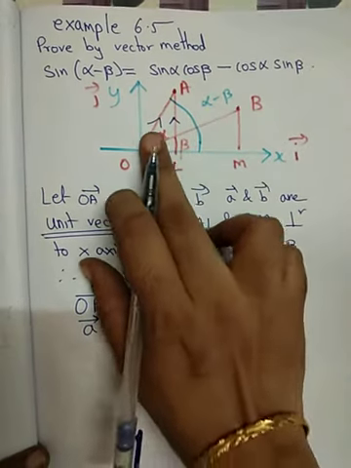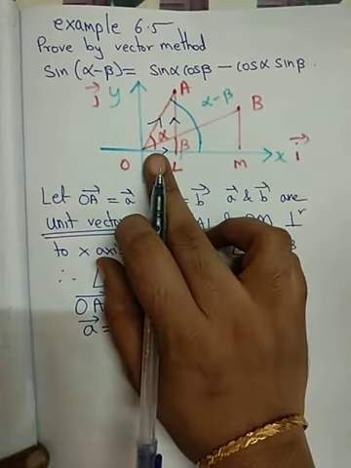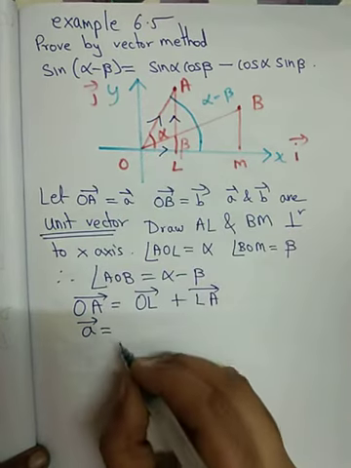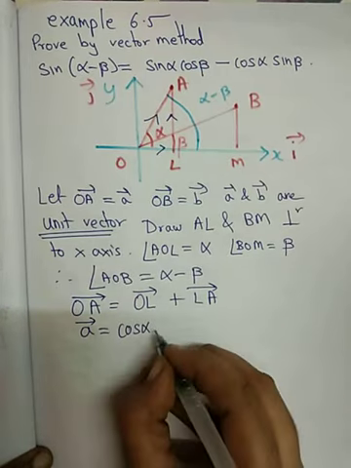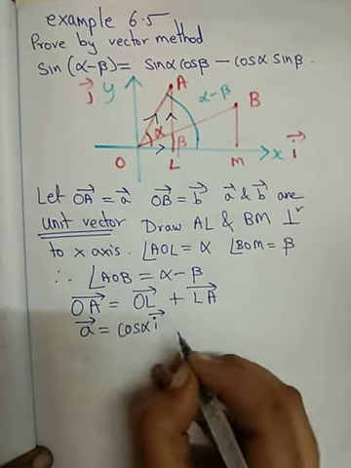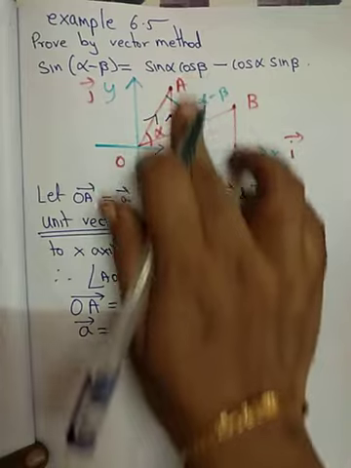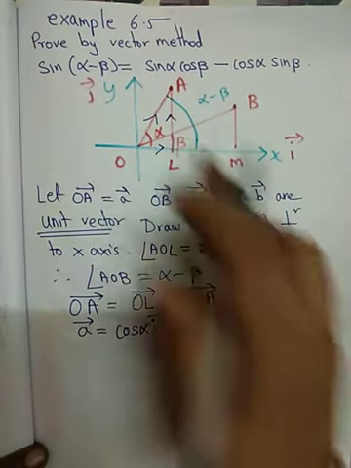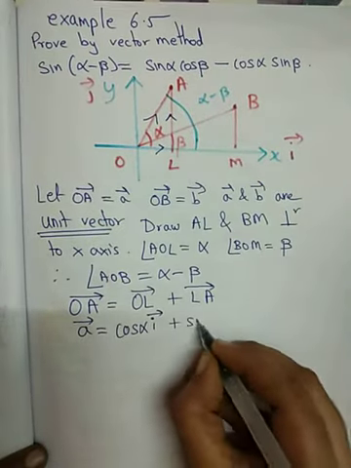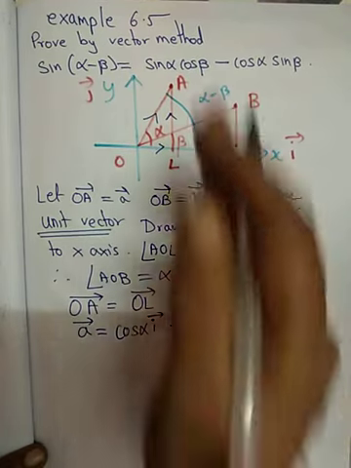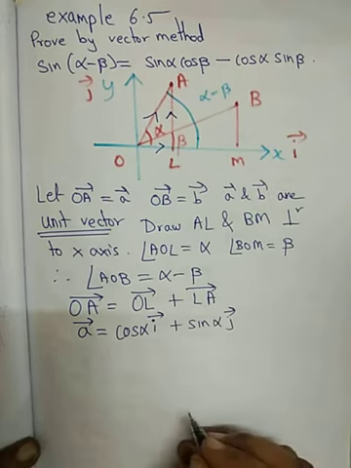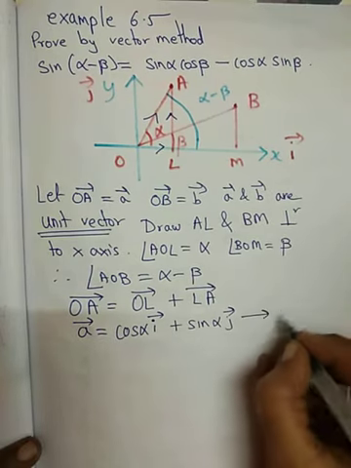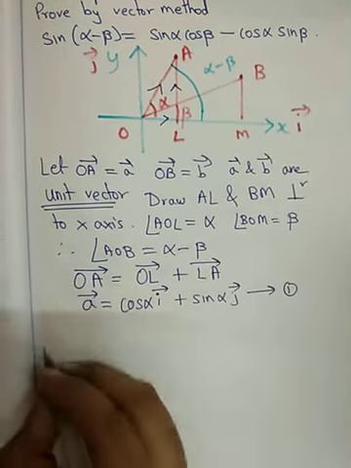OL, it is adjacent side of the angle alpha. So I have to write cos alpha. It is along x-axis. So I have to write cos alpha i vector. Now LA, it is opposite side of alpha. So I have to write sin alpha, and it is along y-axis. So I have to write j vector. Now let me name this as equation number 1.